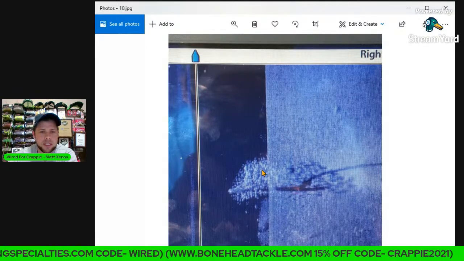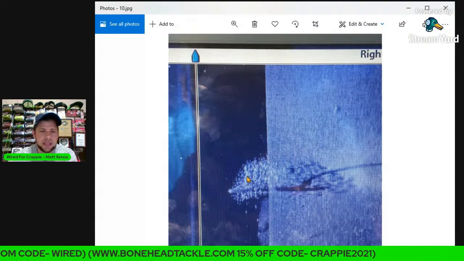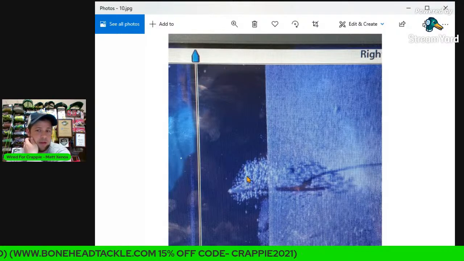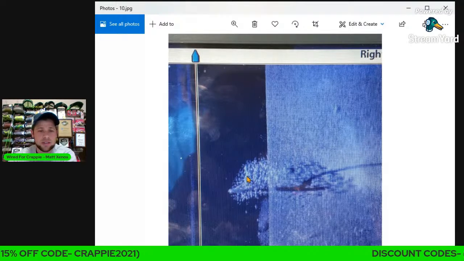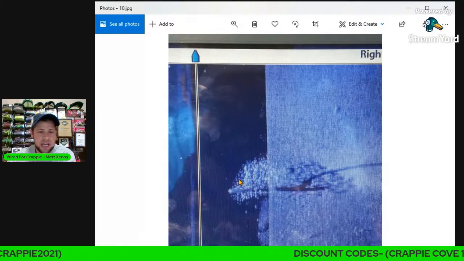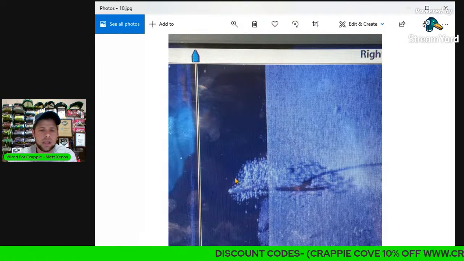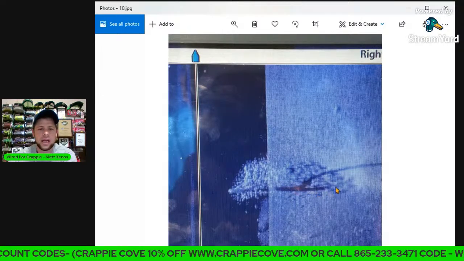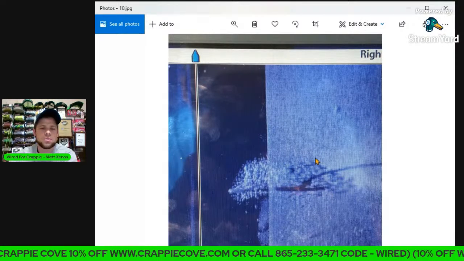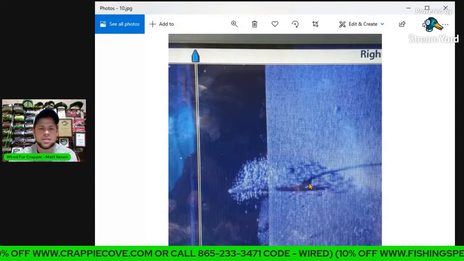But this school of crappie, okay, again, I've said this 100 times. People got tired of listening to me say it. Crappie stack vertically on structure. So if you can tell, these fish are stacked vertically up and down this pole. And you can see this shadow. I want you to particularly pay attention to this shadow, because this shadow right here is what tells me this is not bait, this is crappie.